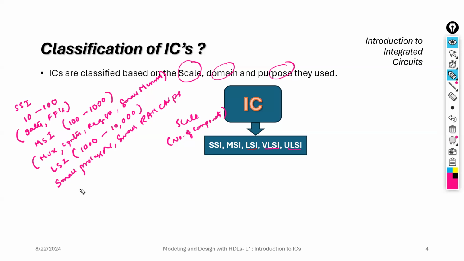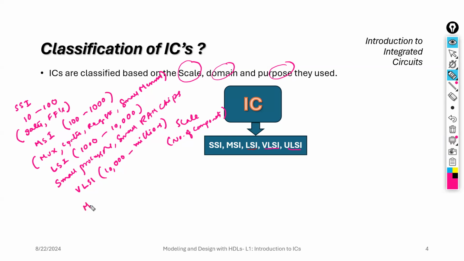Now, if you go for very large scale integration, it is 10,000 to millions of transistors. What kind of things can you create, or what kind of applications do we use VLSI integration for?